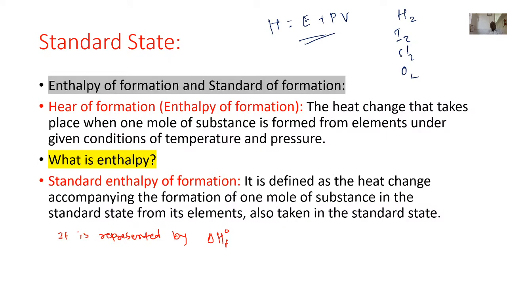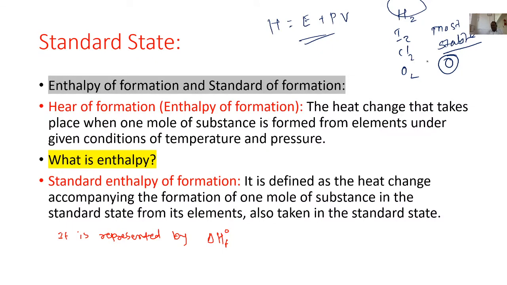If any substance has molecules with other forms, like sulfur, whose structure shows different forms, then the most stable structure is taken as delta H equal to 0.